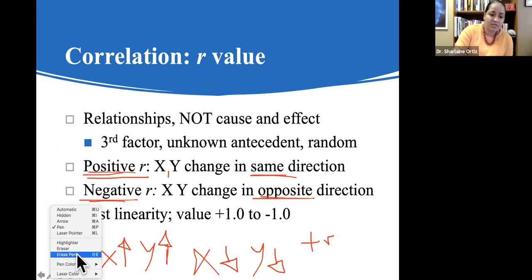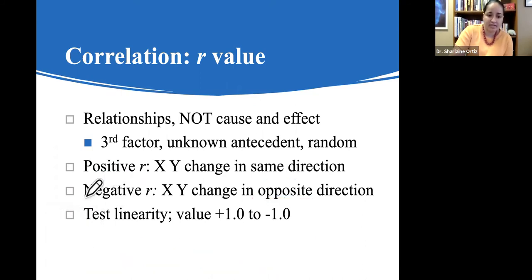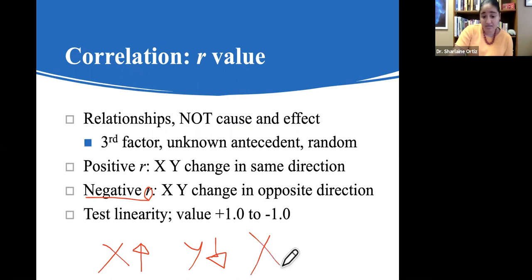So in order for us to illustrate a negative relationship, if Y goes up, remember it's the opposite direction, right? Means that Y goes down. By the same token, if X goes down, that means that Y goes up, right?